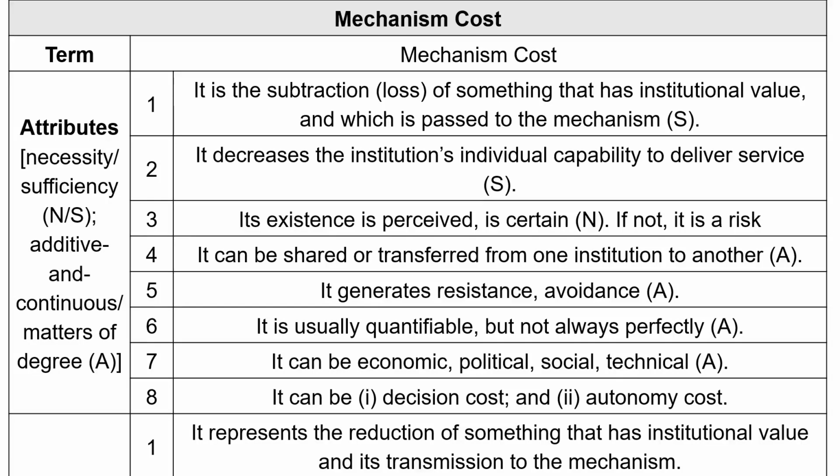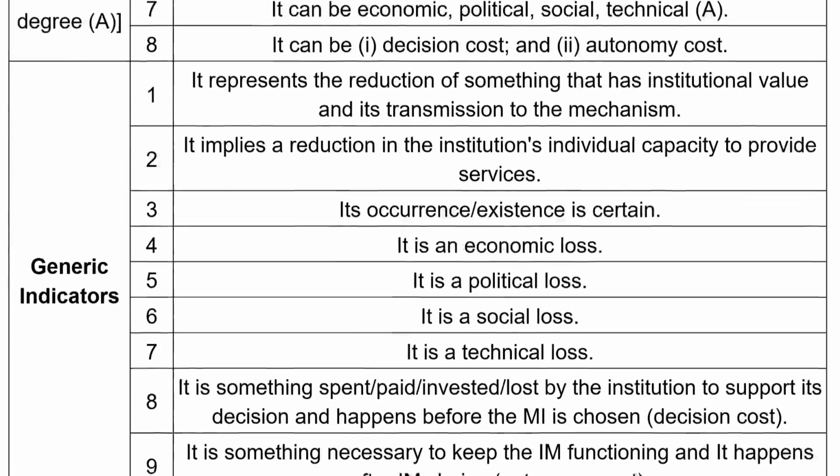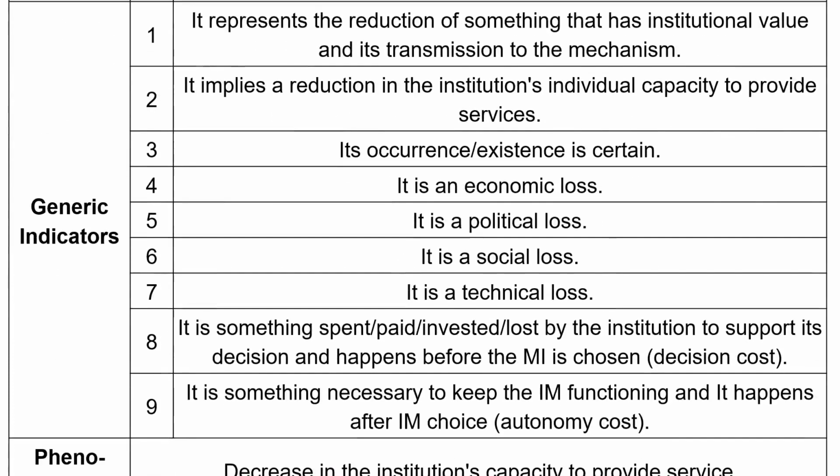Okay, so from those attributes, I have chosen the following generic indicators. A cost represents the reduction of something that has institutional value. Basically the same attribute with slightly different words.